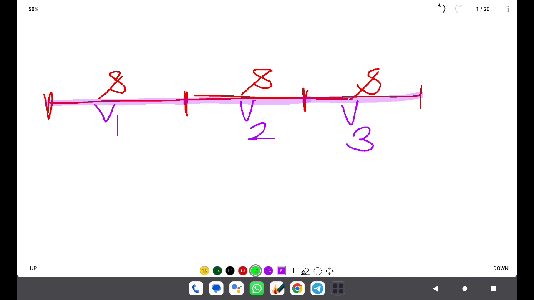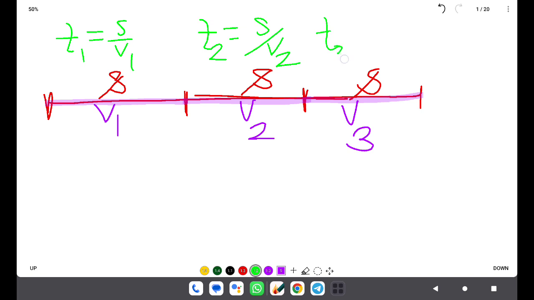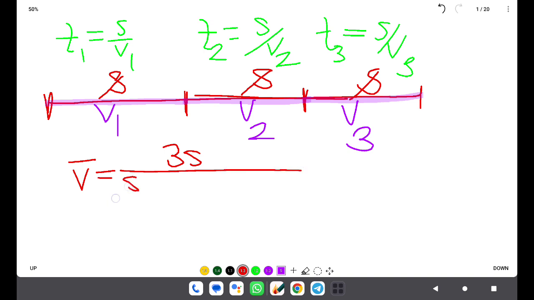Here you will also apply the same formula. For this, t1 is s by v1, t2 is s by v2, and t3 is s by v3. So you know that v mean, that is v average, is equal to total distance, here 3s, by s by v1 plus s by v2 plus s by v3.